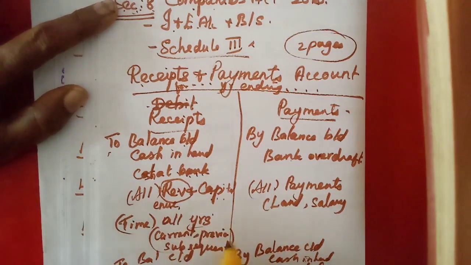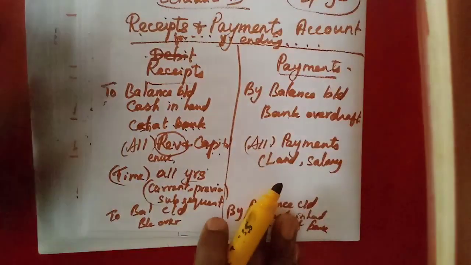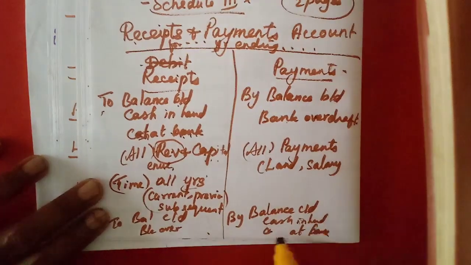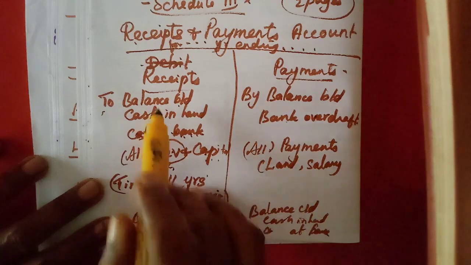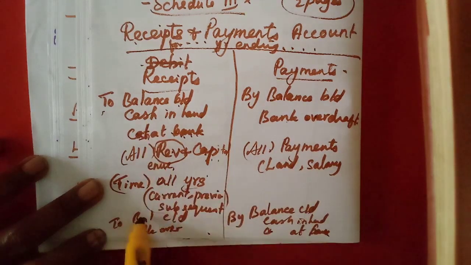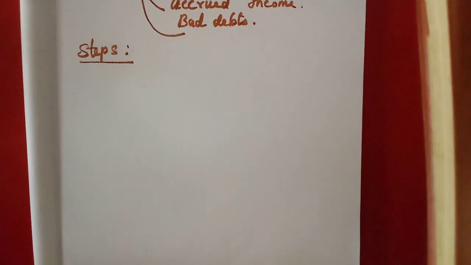All the items must be entered, and we have to balance the account. If the receipts are more, we will get the balance on the credit side. It will be written as by balance carried down, cash in hand, cash at bank. If the payments are more and the receipts are less, we should write to balance carried down, bank overdraft. Okay, understood? That is what you have to learn.